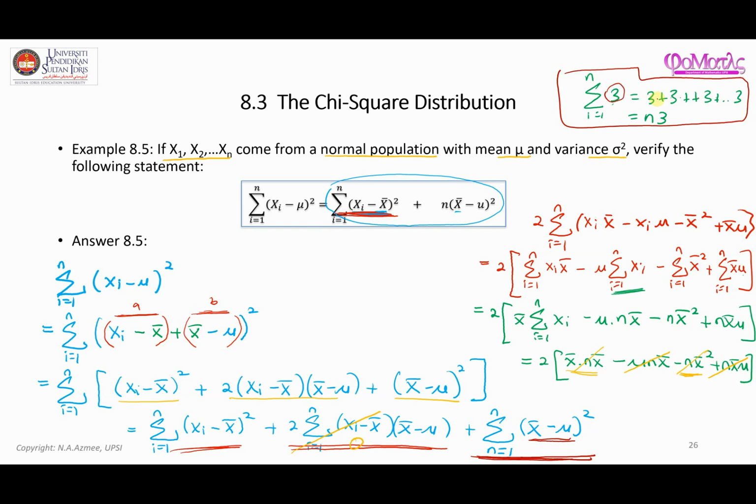That is the process, 3 plus 3 plus 3 until n times, so the result is going to be n times 3. The same thing with this one. The result is going to be n times x bar minus mu, squared, which is what is given here. So we have managed to show the result is as such.